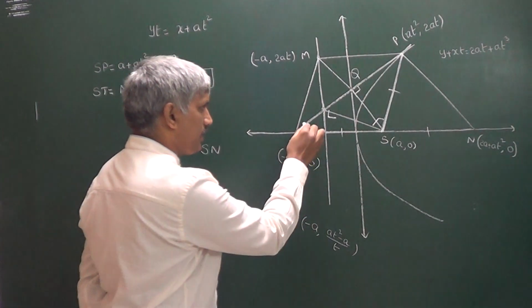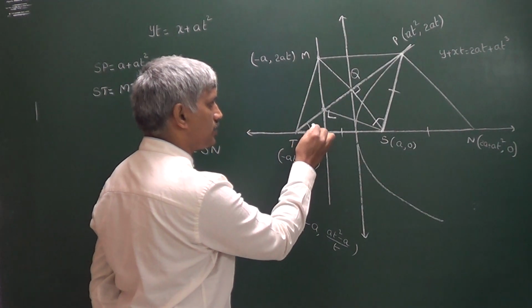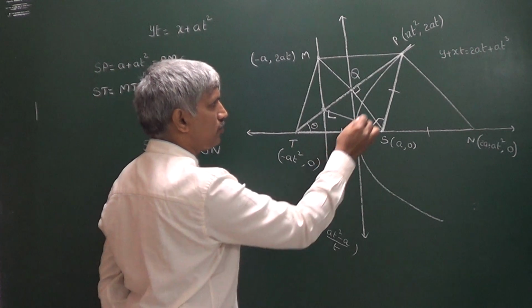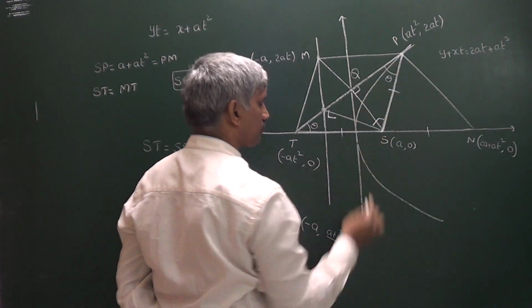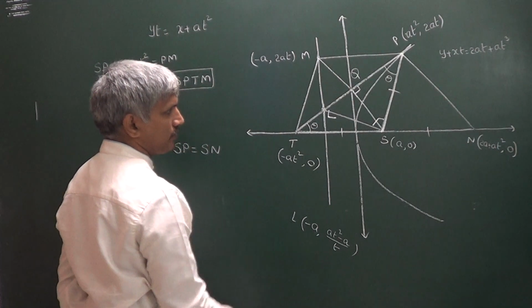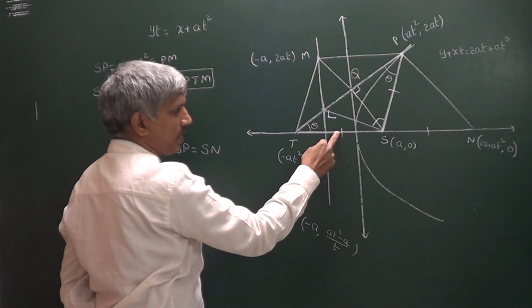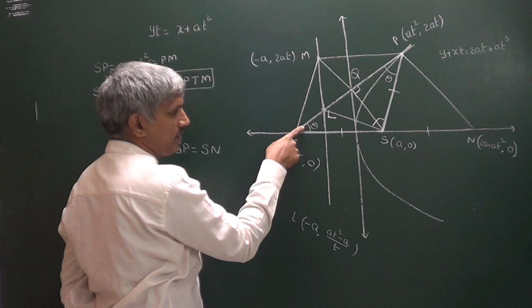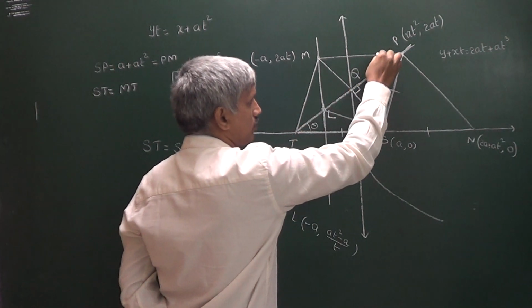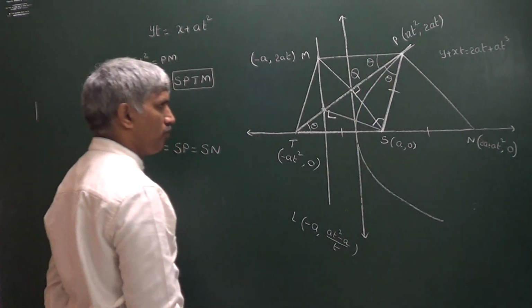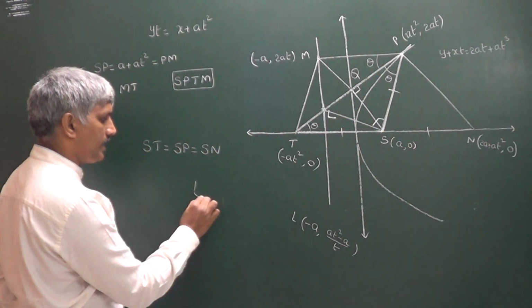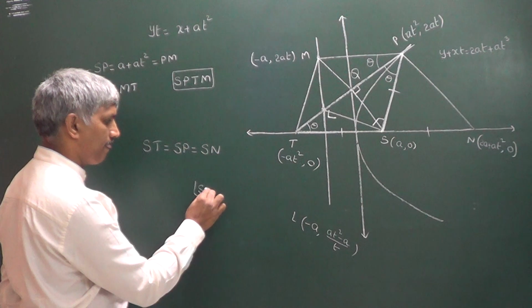So if this angle I am taking as theta, then no doubt this angle is also theta. But now you can observe these two lines are parallel lines. It's a transversal. This angle theta means no doubt this angle is also theta. Whether you observe or not, angle SPM.